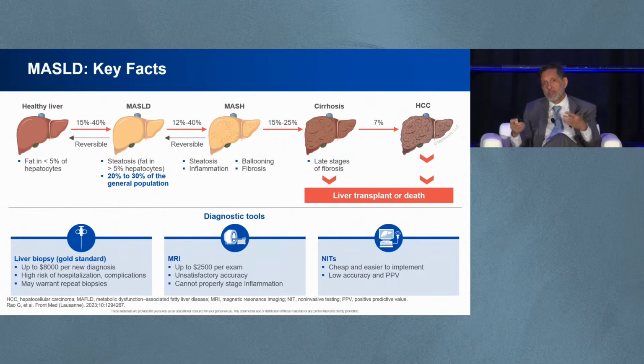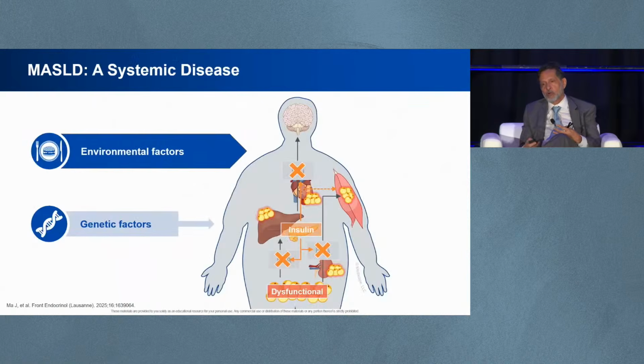But we'll place this in perspective by talking about how all this fits into the larger management of the patient, understanding that the liver disease does not really occur in a vacuum. It occurs in the context of multiple metabolic comorbidities, which are frequently present in our patients.